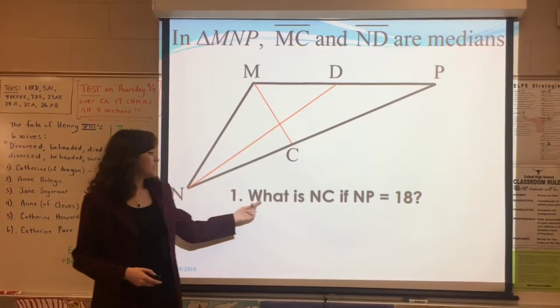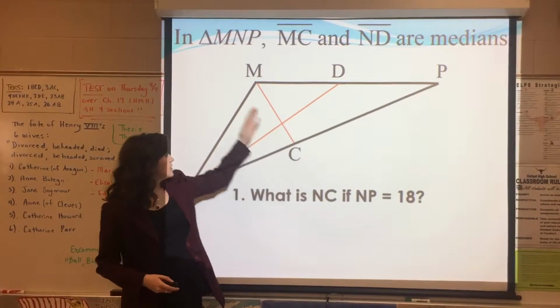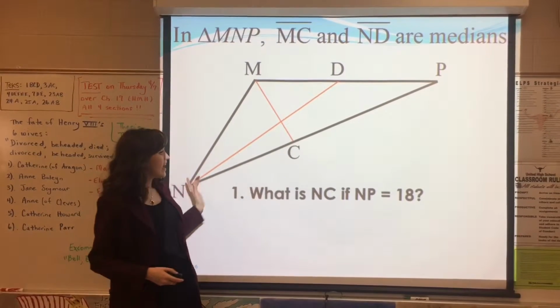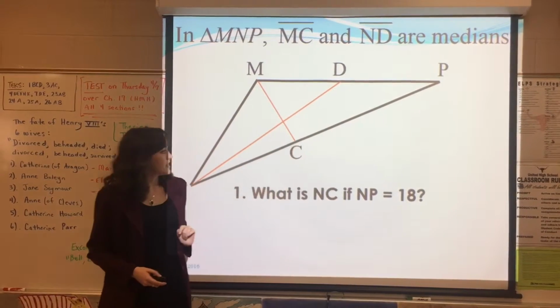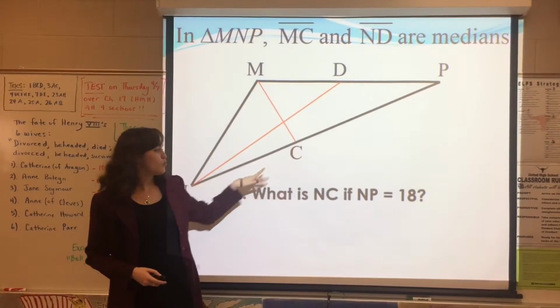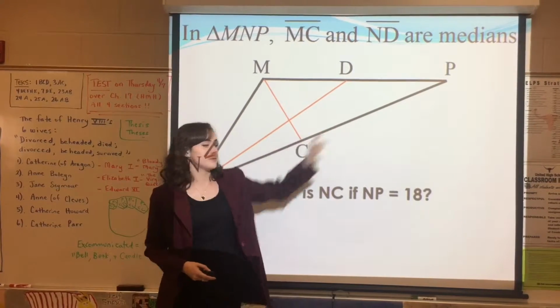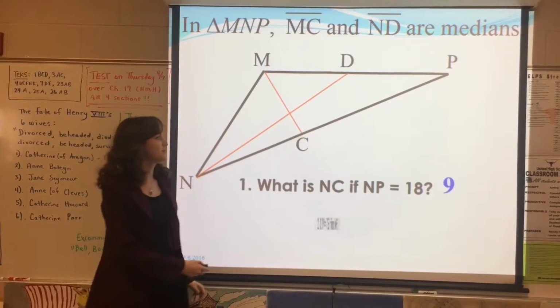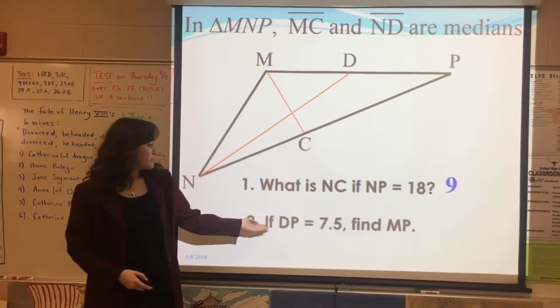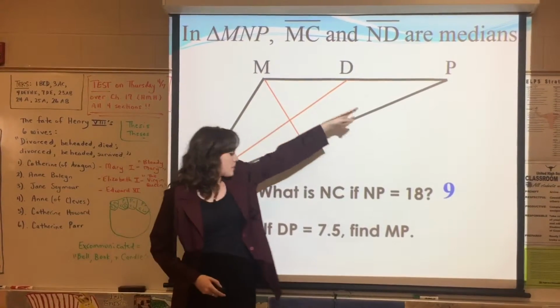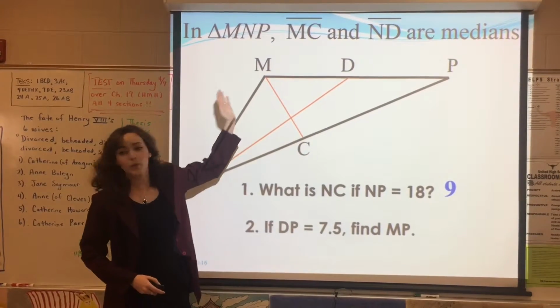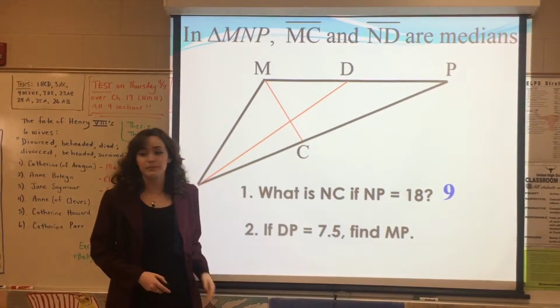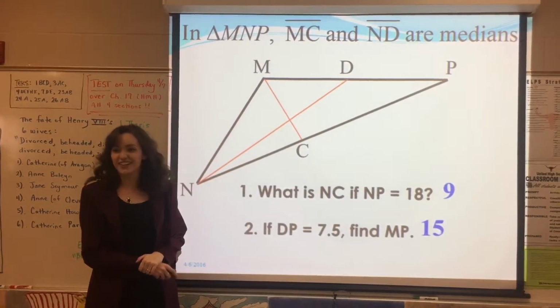What is NC if NP is 18? This being our median, what would this be and this be? Very good, class. It is 9. Now if DP, right here, is 7.5, what would NP be? Very good, 15.